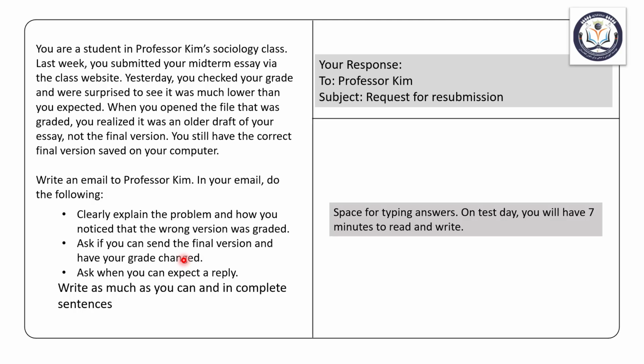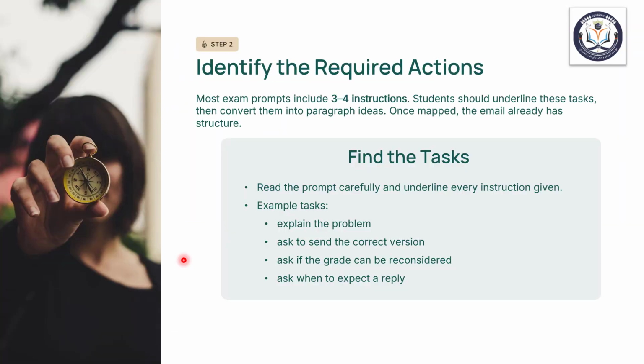So the bullet points are very, very significant in our email response. If we miss even one of them, it highly affects your score. So that's very important to find.